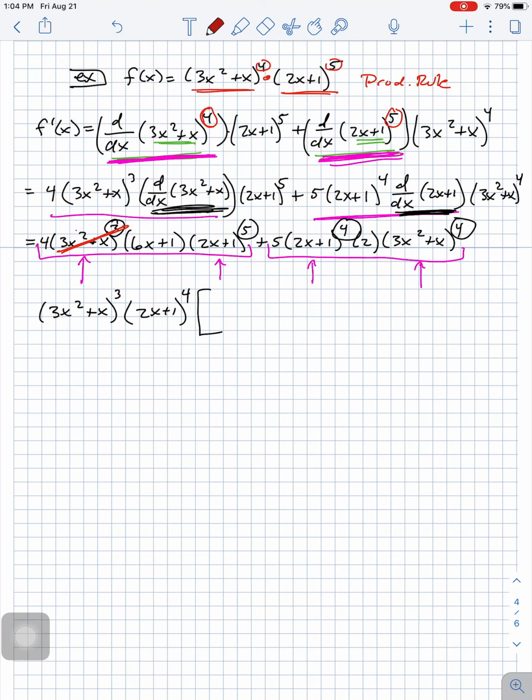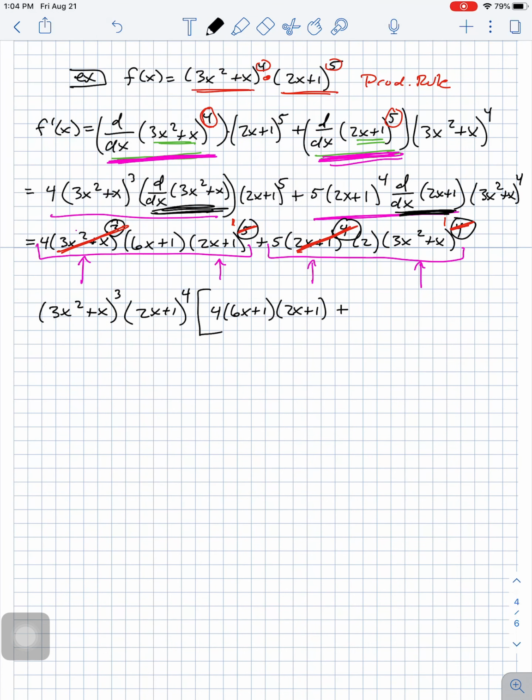Now, let's see what's left. I pulled out all of this and I pulled out 4 of these. So what I'm left with is a 4, a (6x + 1), and 1 of these (2x + 1)s. Okay, that's my first term. My second term, let's see what we pulled out. I pulled out all of these, and I pulled out 3 of these.